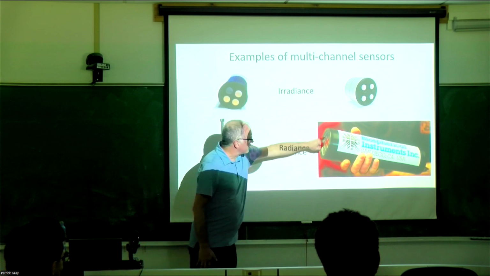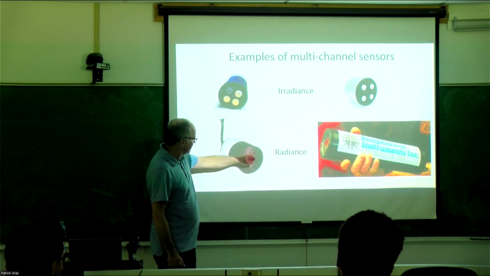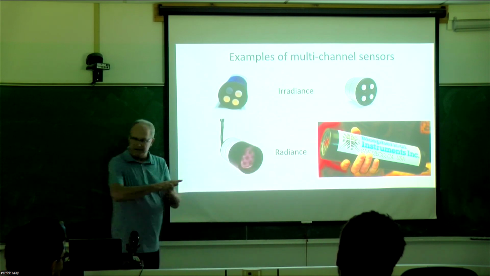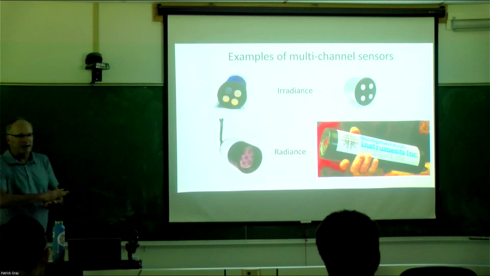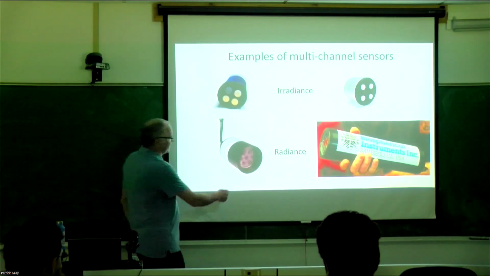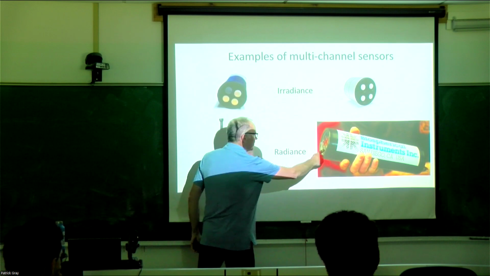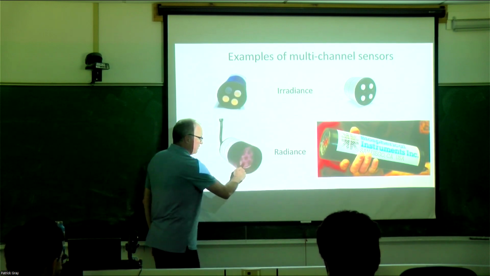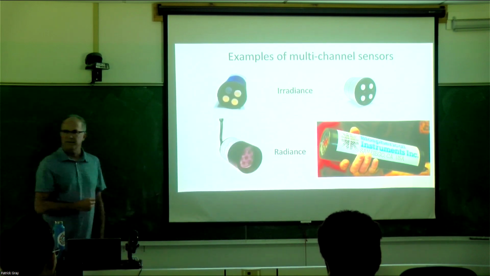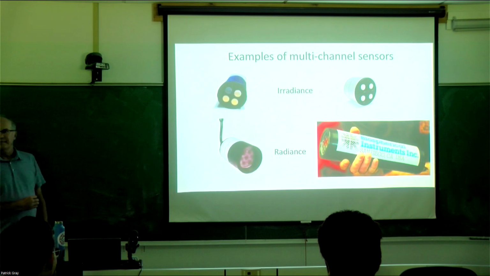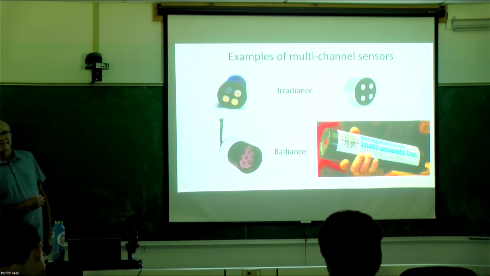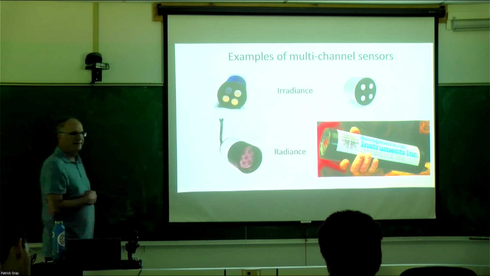This is a little bit better. So now we have radiance. Here in the radiance, we actually have a glass window on top of it. What are each of these elements? How do we measure radiance?